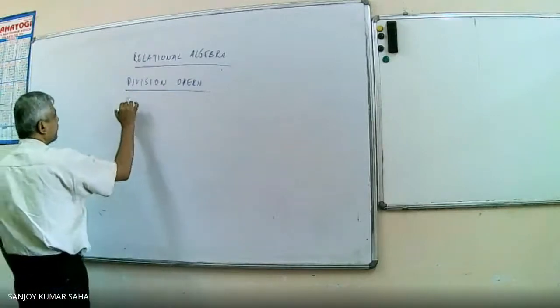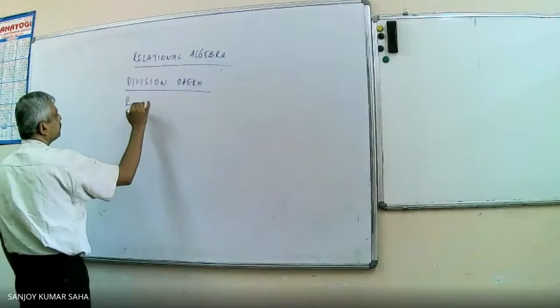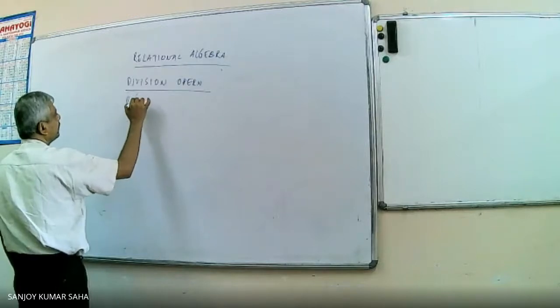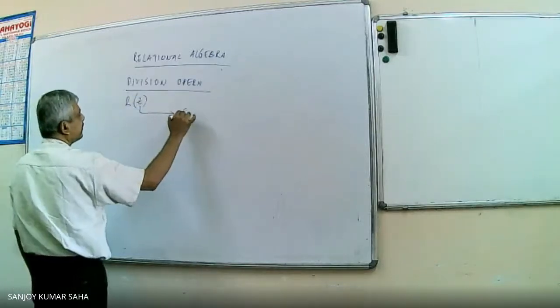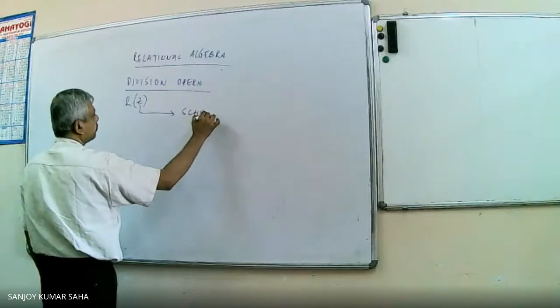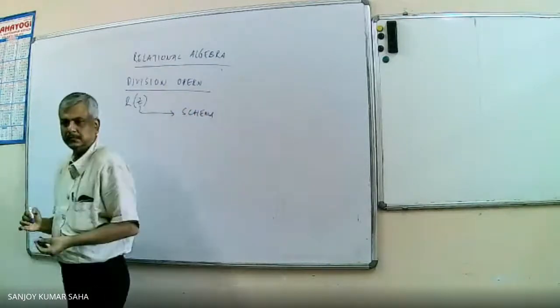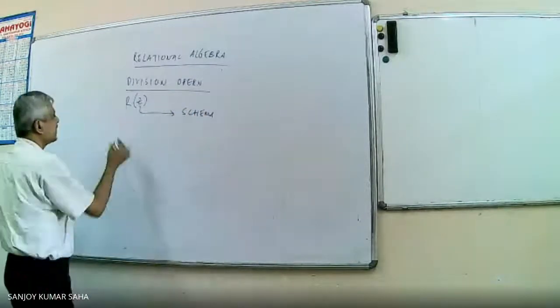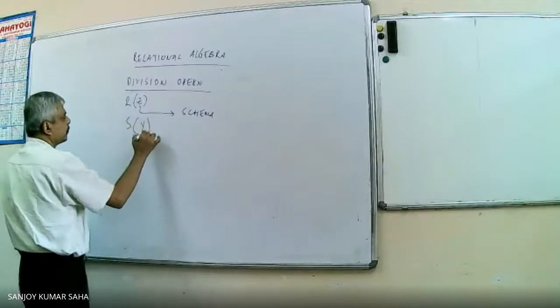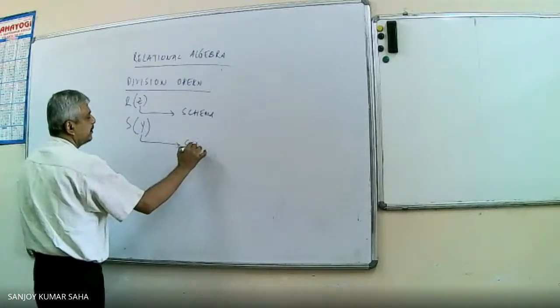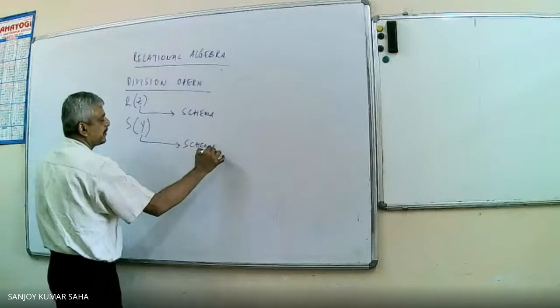Say we have a relation R(Z). So this is the schema. And there is another relation, say S(Y). So Y is the set of attributes forming the schema.